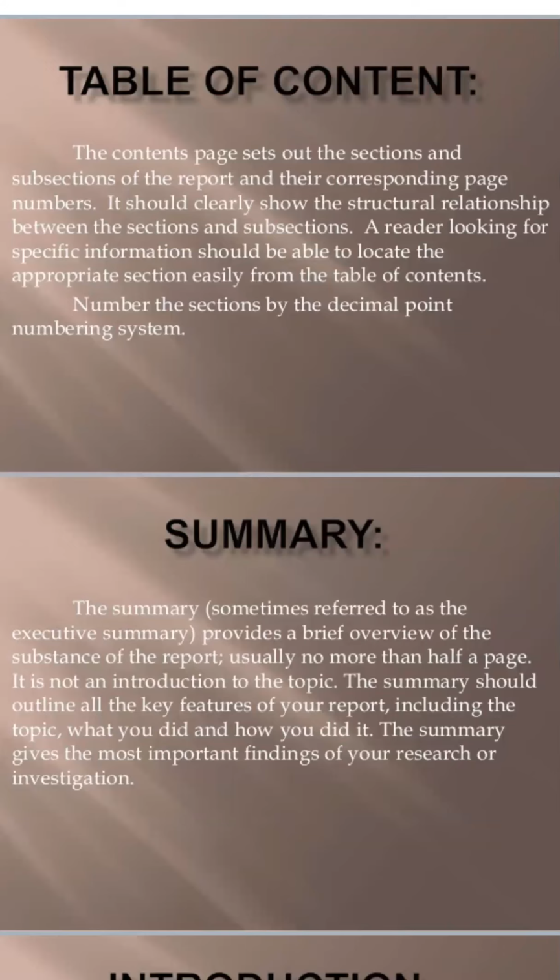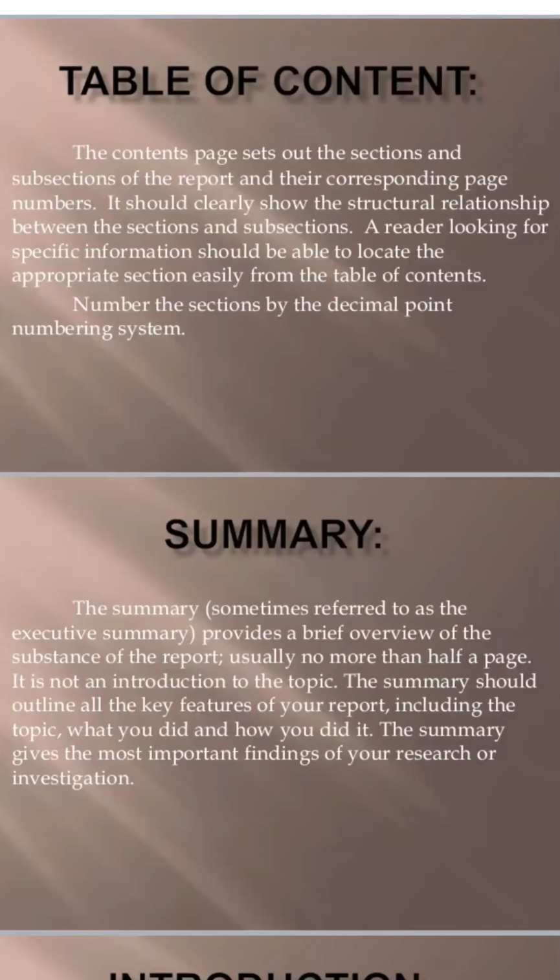So what does the table of contents basically include? The contents page sets out the sections and subsections of your report, and their corresponding page numbers. It should clearly show the structural relationship between sections and subsections.